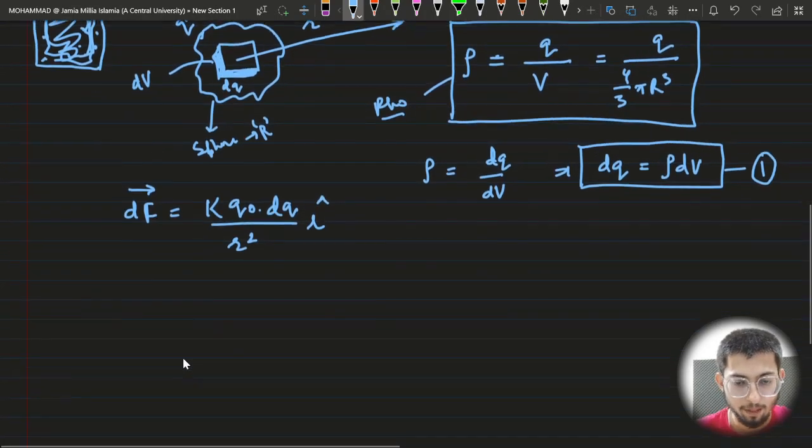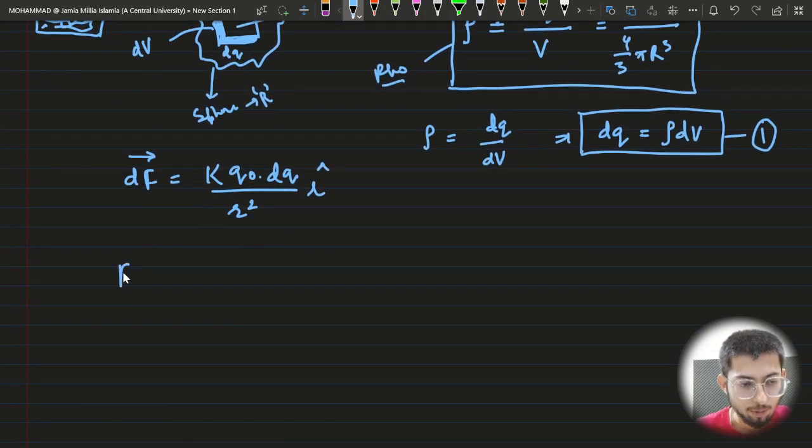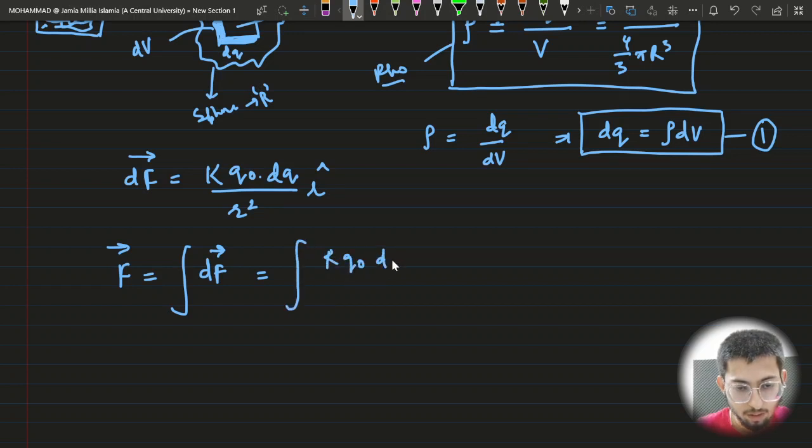And if you want to find the whole force F, we need to integrate this thing. So integration of df would be equal to integration of k q naught dq by r square r unit vector. You can verify it as well. And in the book here it is written as suffix v. Can you see?